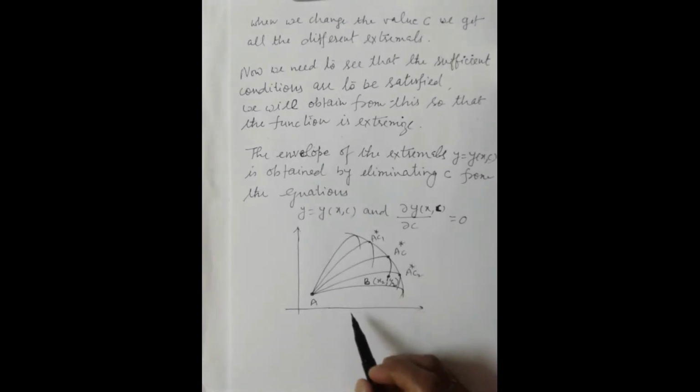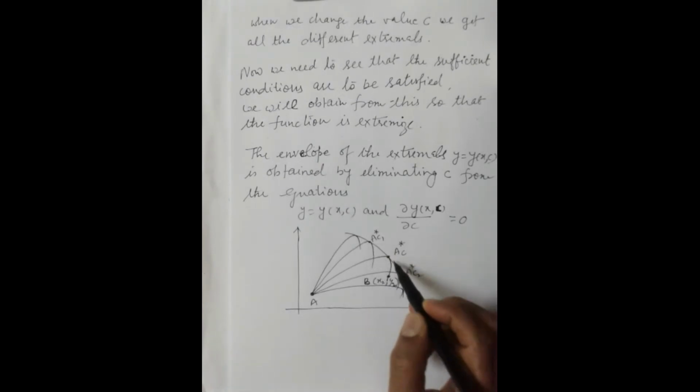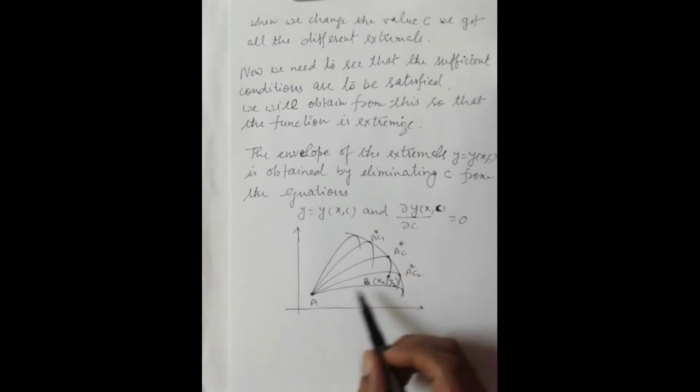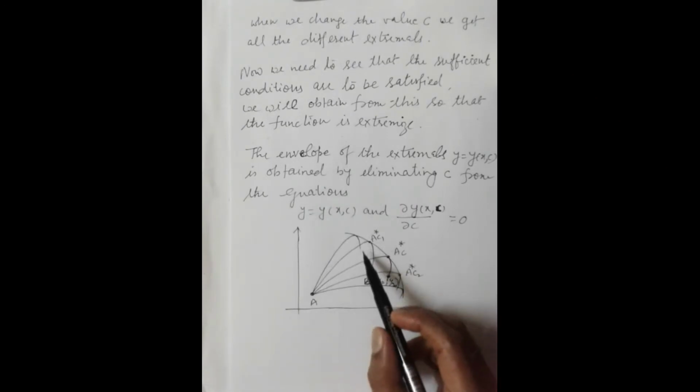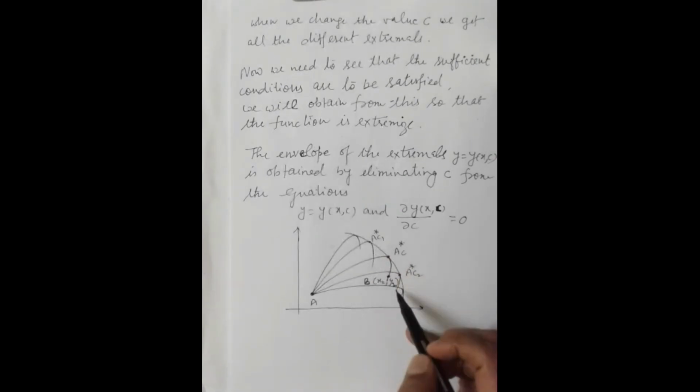Here from this figure we see that this curve is the envelope or C discriminant curve, and by the definition of the envelope, every member of the family of extremals will touch the envelope or C discriminant curve. Let the AB extremal touch the envelope at the point A star.